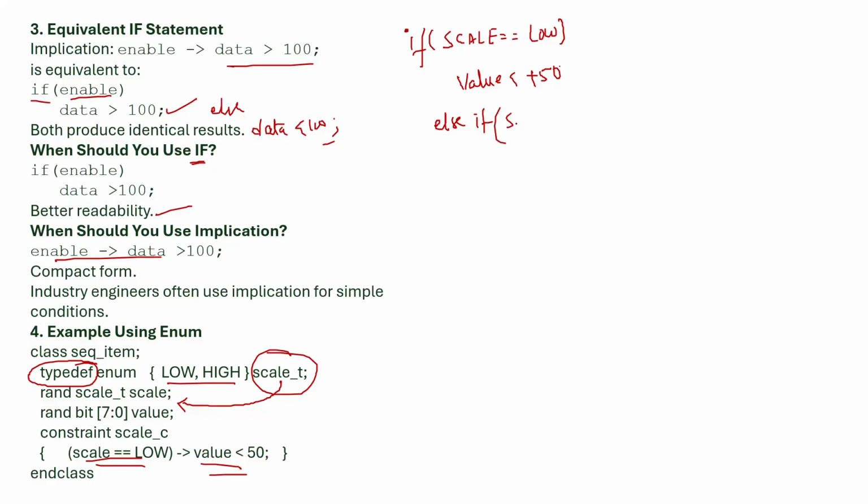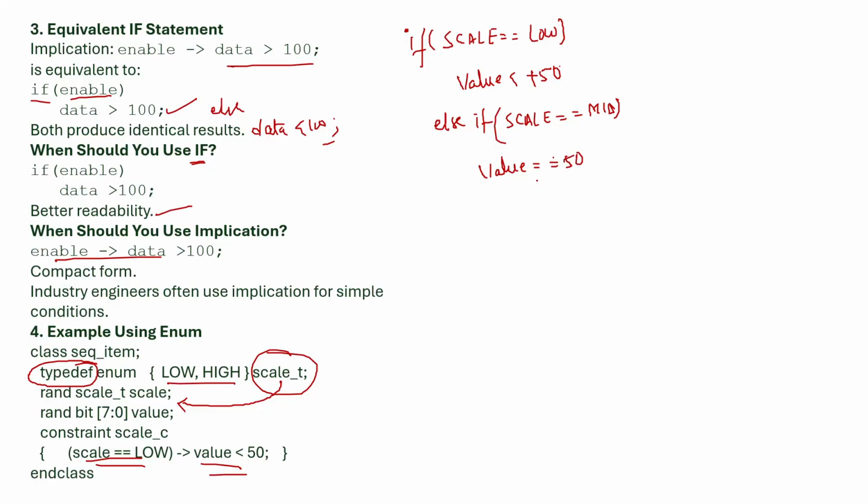Else if scale value equal to medium, okay, the value should be equal to 50.